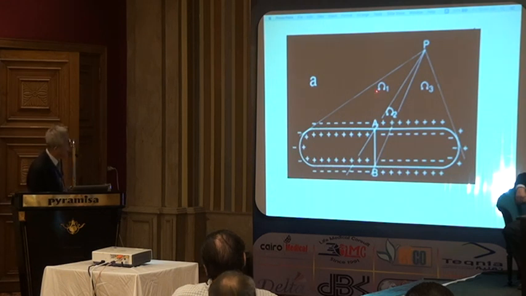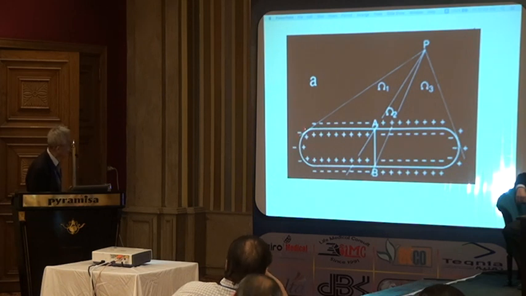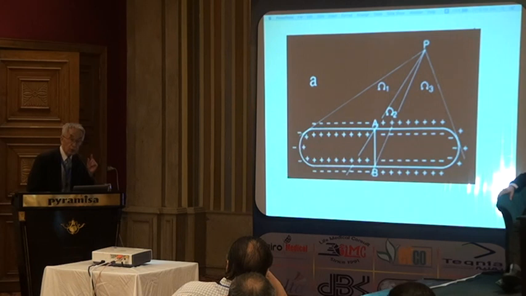Now let's take omega 1 first. When you're sitting here and looking through this solid angle omega 1, what do you see? Well, you see 2 dipoles, one here and the other here. Dipole meaning anything which is polarized.